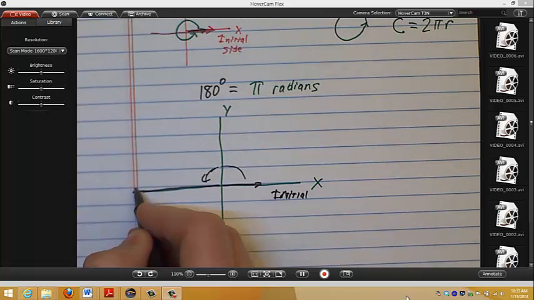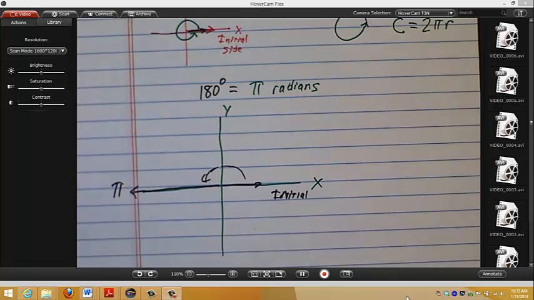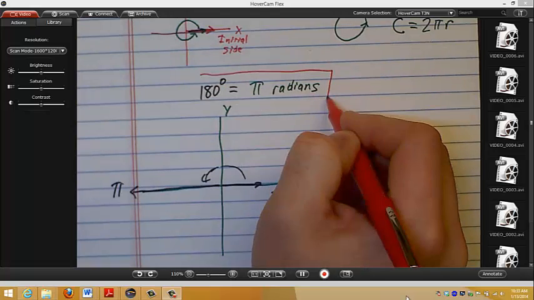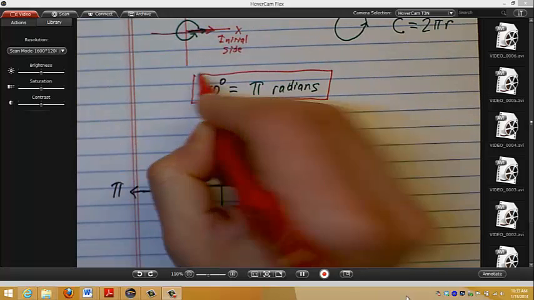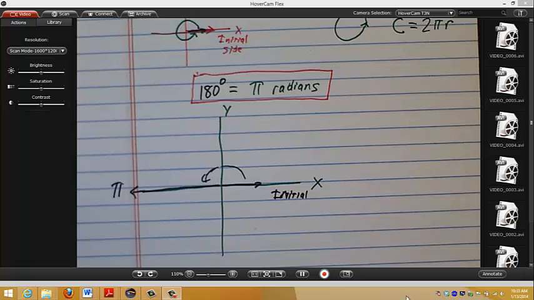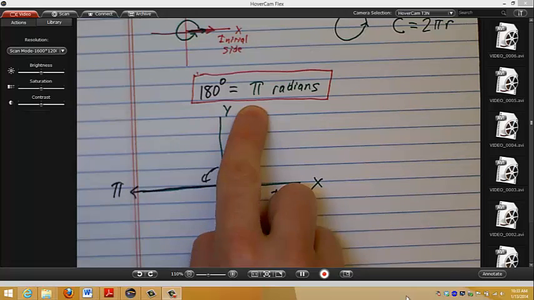Well, yeah, that would be pi radians. And this is really the key fact that I remember. 180 degrees is equal to pi radians. And by the way, in mathematics, we use radians so often as the standard measure of angles. We don't even write units normally. You'll just see that 180 degrees is equal to pi, and they won't even write radians.